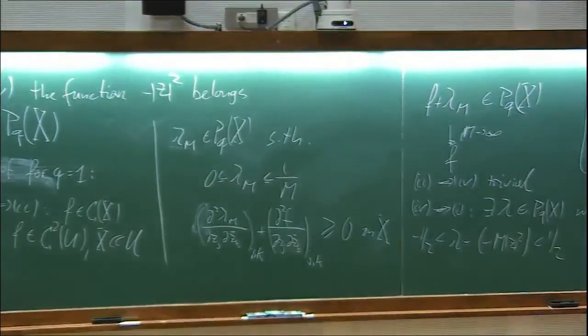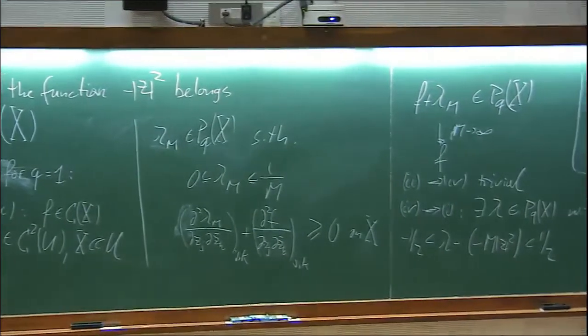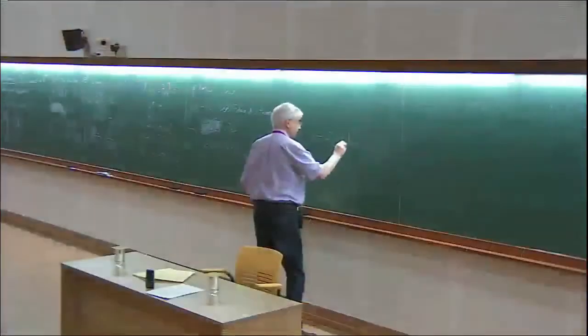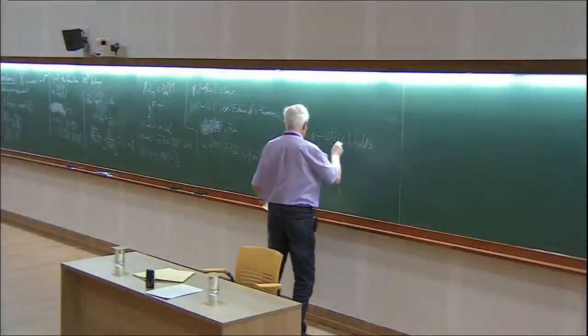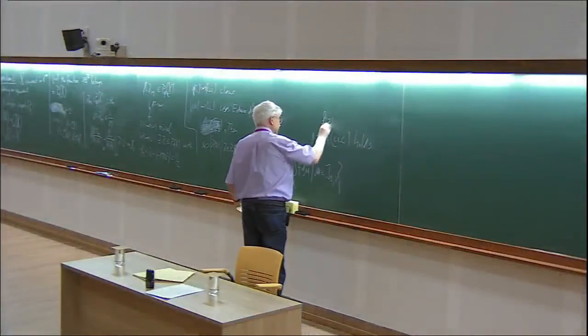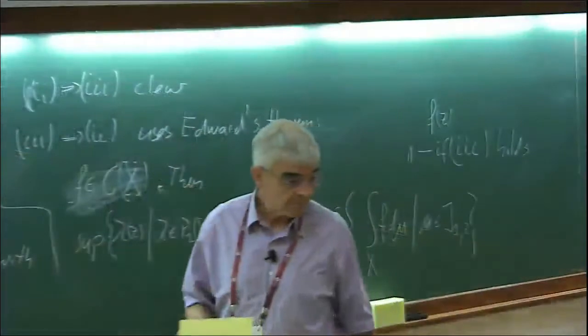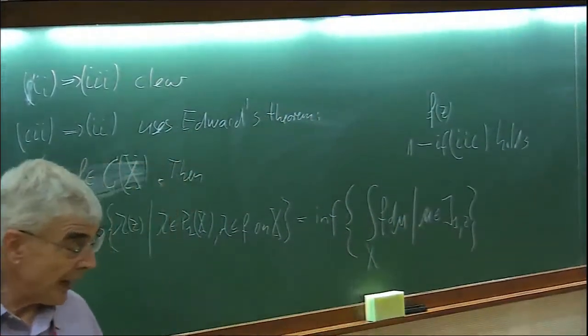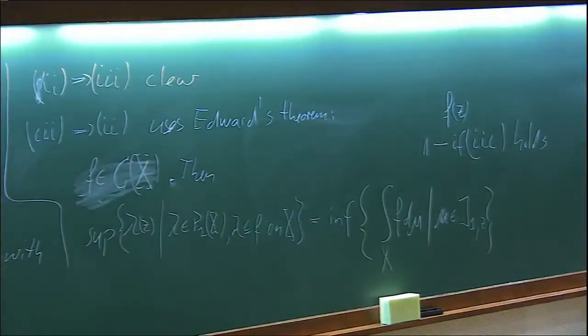And so this is just f of c, right? Because the point mass at the point c is the only Jensen measure. So that's just f of c.